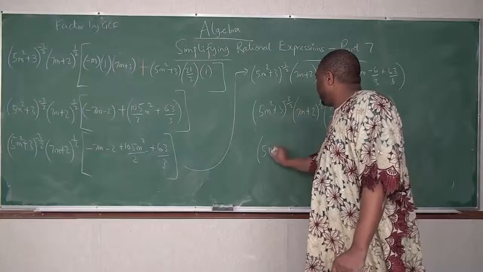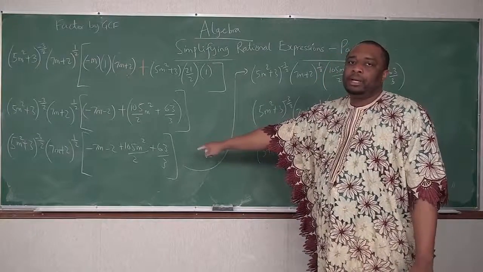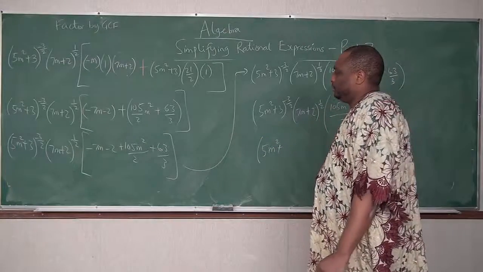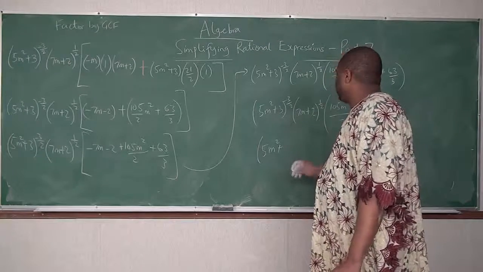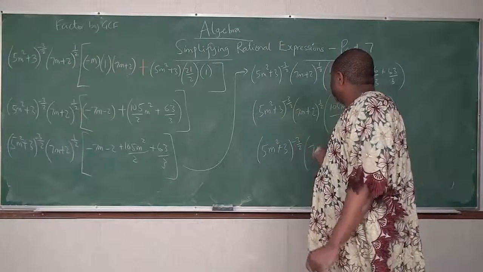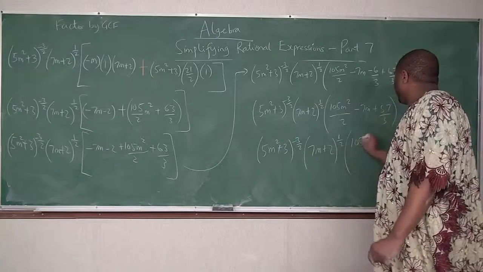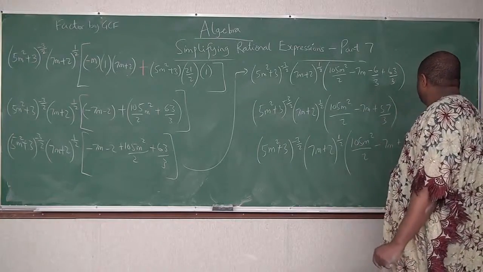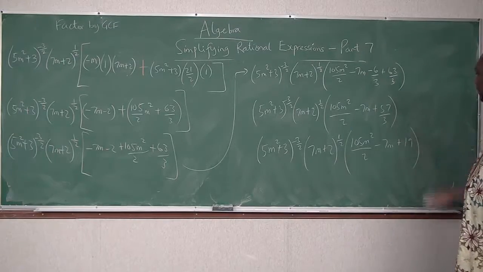We could factor, and actually we would have done minus 2 plus 21, and that gives us 19. But let's continue. There are several ways you can solve this. Now, this will be 105m squared over 2 minus 7m, then plus 19, because 3 into 57 is 19.